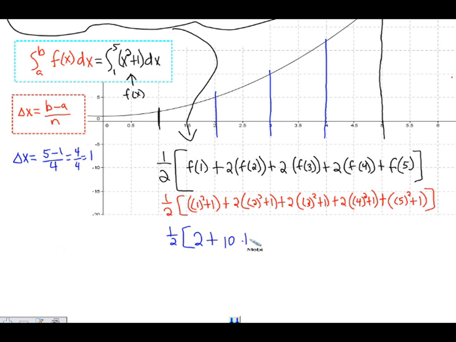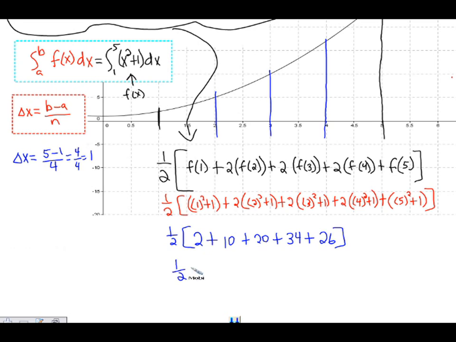And then we continue. 3 squared is 9. 9 plus 1 is 10. 10 times 2 is 20. 4 squared is 16 plus 1 is 17. 17 times 2 is 34. 5 squared is 25 plus 1 is 26.